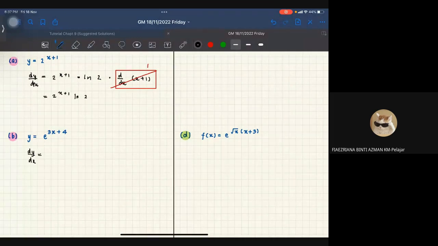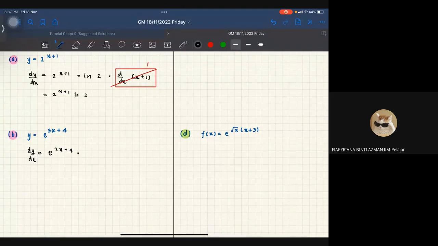So, kita ada E kuasa 3x tambah 4. Awak salin je soalan, tak payah fikir apa-apa. Tu step pertama. Okay, now kita akan darabkan dengan apa? What is the second step? Ln E. Darab dengan ln E.